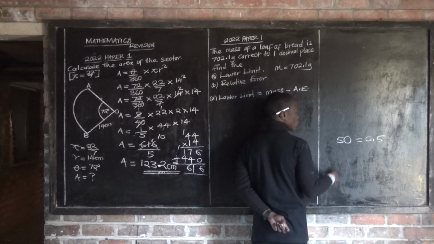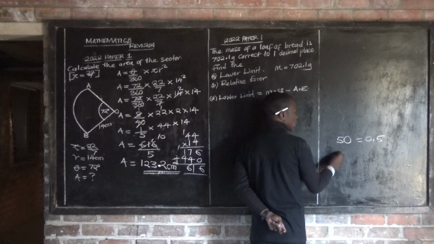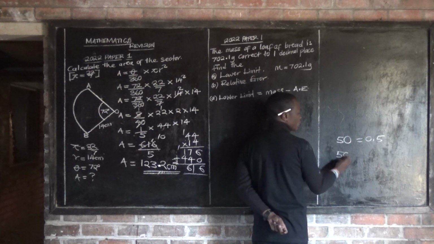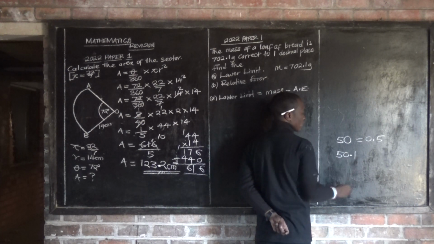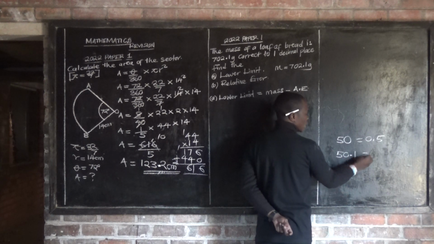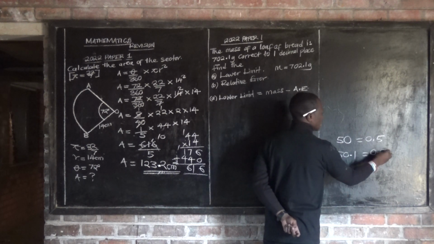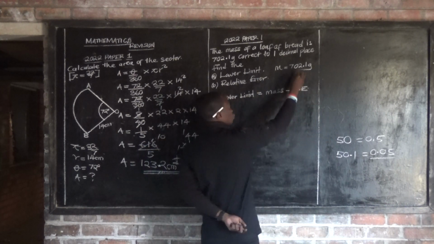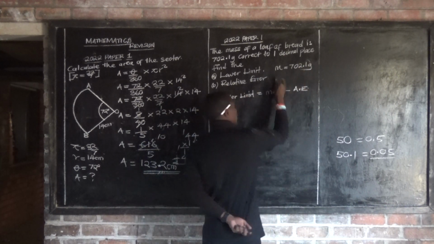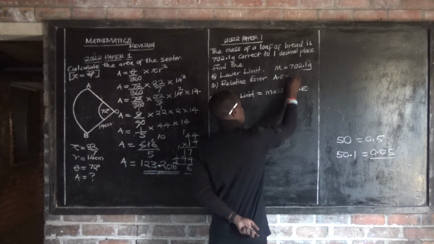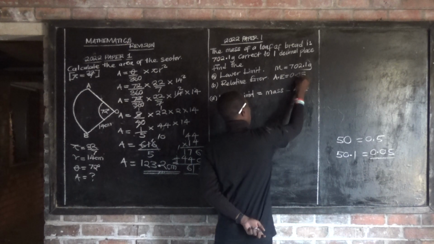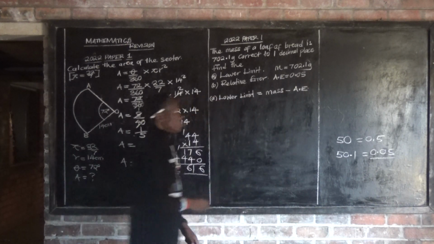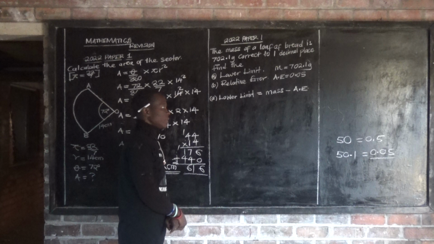But if it has one decimal place, like 50.1, the absolute error is 0.05. Like in our case, this one has one decimal place, so the absolute error is 0.05. So you just subtract to find the lower limit.